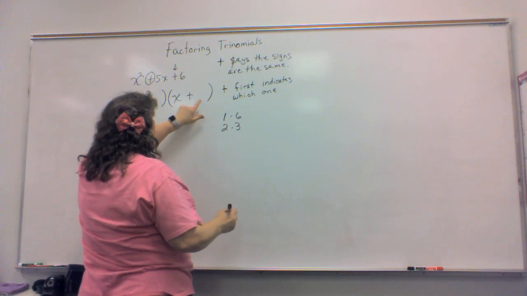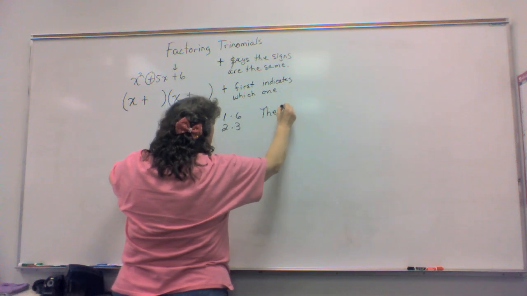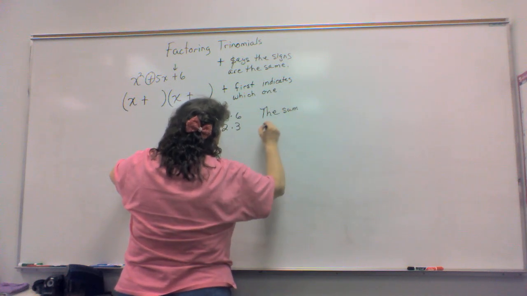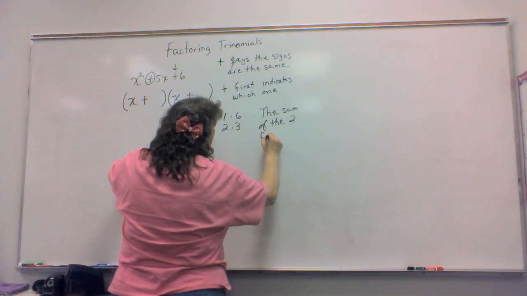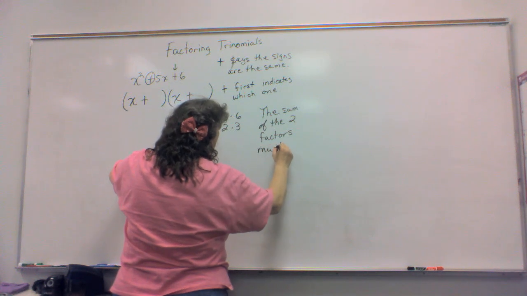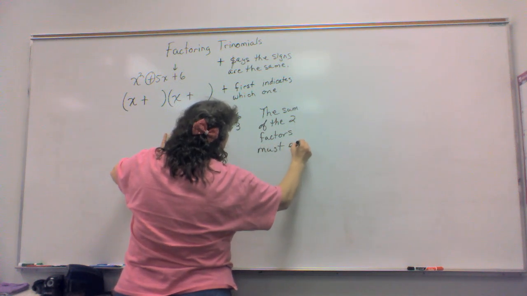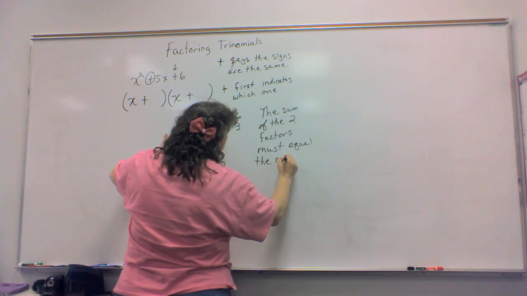Because the signs are the same, the sum of the two factors has to equal the coefficient of the middle term.